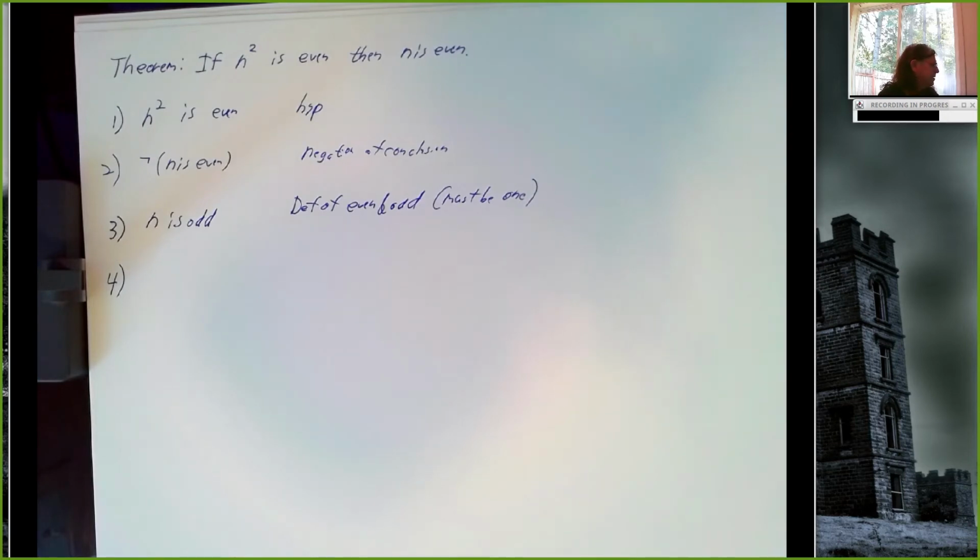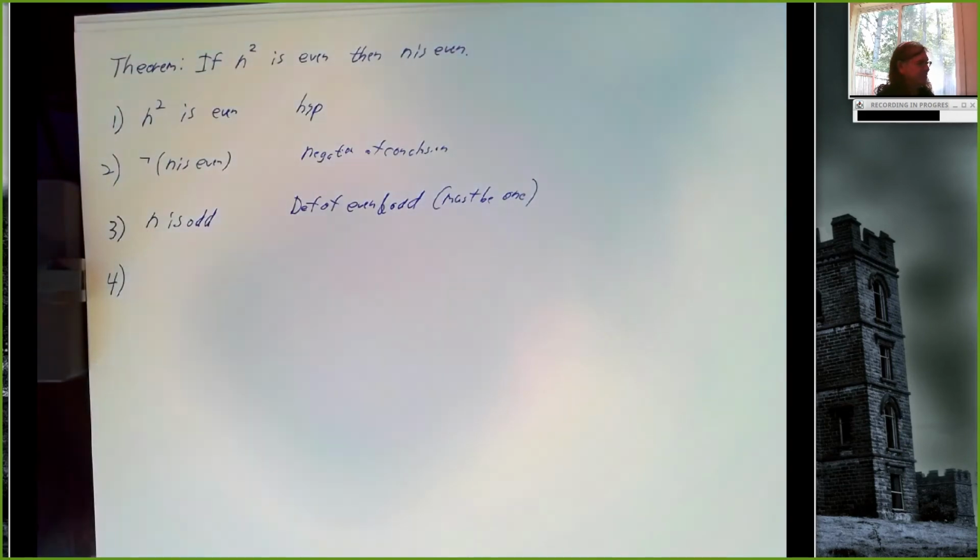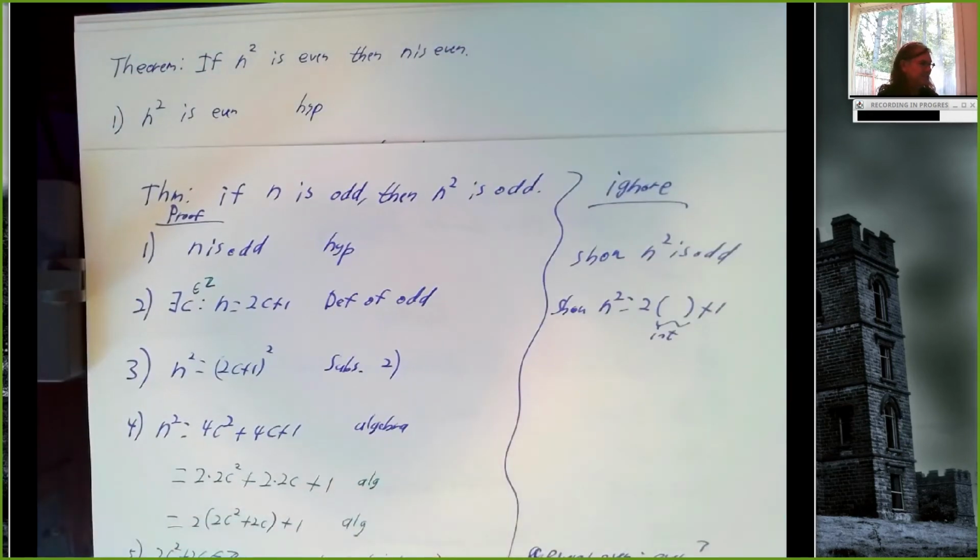Unless I say, using what we've already proven in class about even and odd numbers, don't make the following leap of faith. But if I say, using what we've already done today, prove this, well, you can come back to this page and say, hey, if n is odd, I can prove n squared is odd.